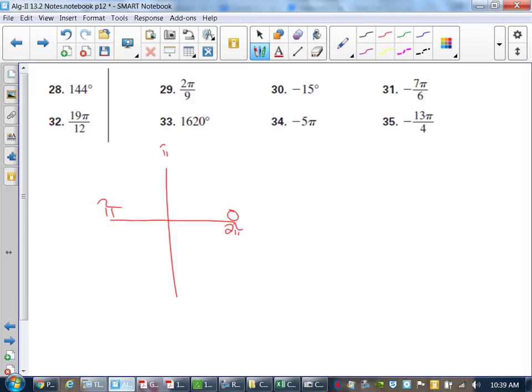This is pi over 2, and this is 3 pi over 2. Think of this as 1 half, 2 halves, 3 halves, 4 halves. It's always easier to think of it in terms of fractional value going around the circle, especially if you continue to keep a common denominator.